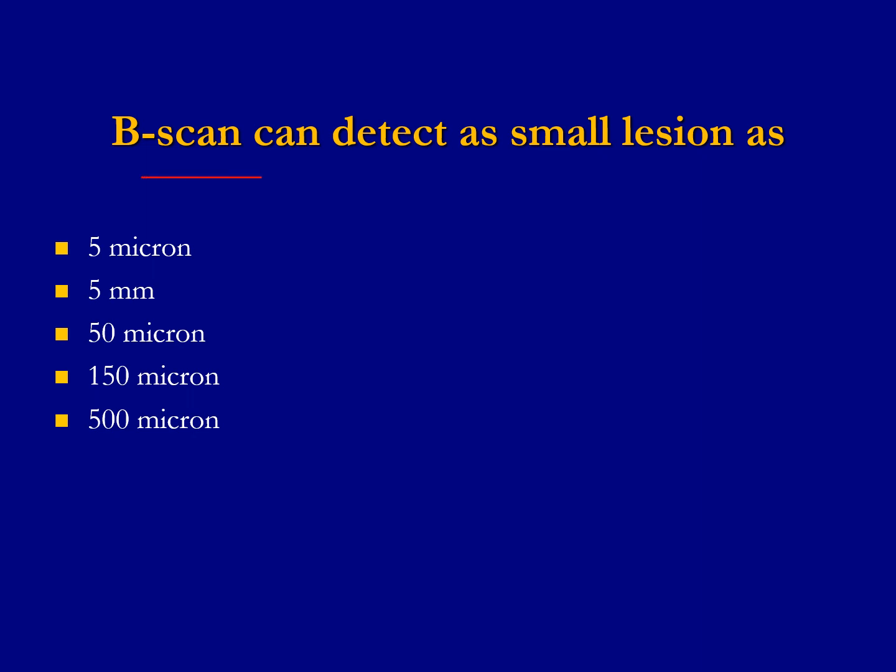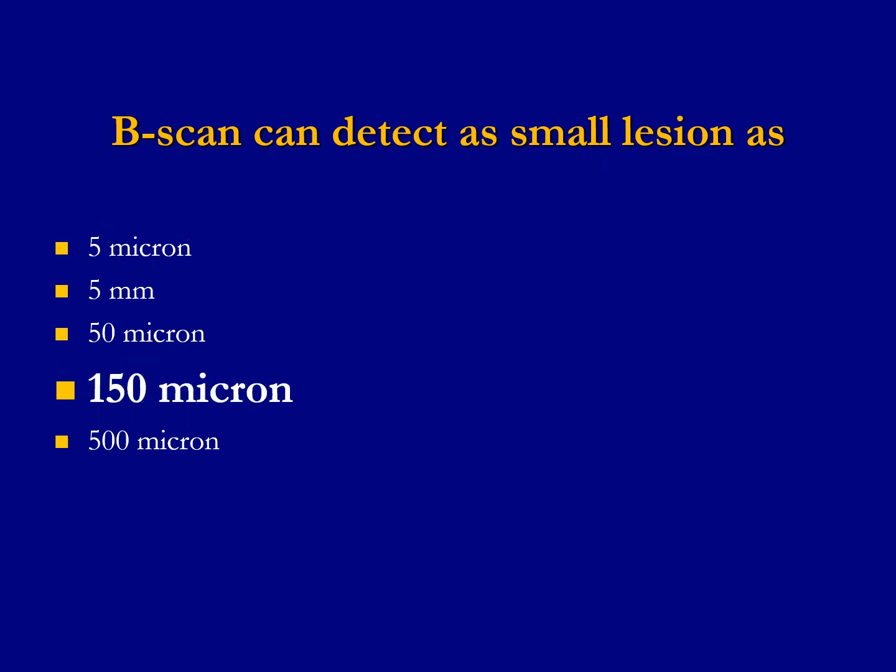B-scan can detect as small a lesion as 5 micron, 5 millimeter, 50 micron, 150 micron, or 500 micron. 5 micron is the resolution of the OCT and 150 micron is the resolution of the B-scan, so that would be the answer. 150 micron is the answer.